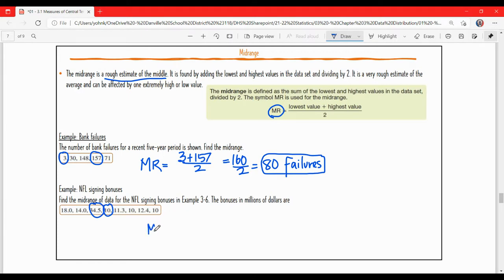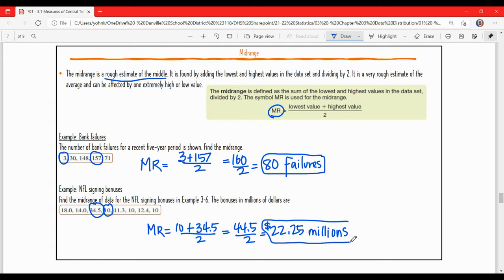So we can take the lowest, 10, plus the highest, 34.5, and divide by 2. So that's 44.5 divided by 2. That's 22.25. This is in millions of dollars. So notice I know nothing, nor do I care anything about any of the values in between. All I care about is the lowest one and the highest one.